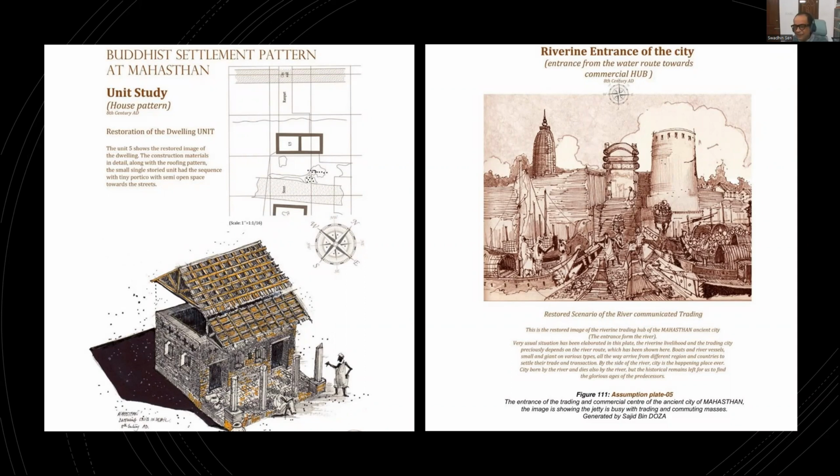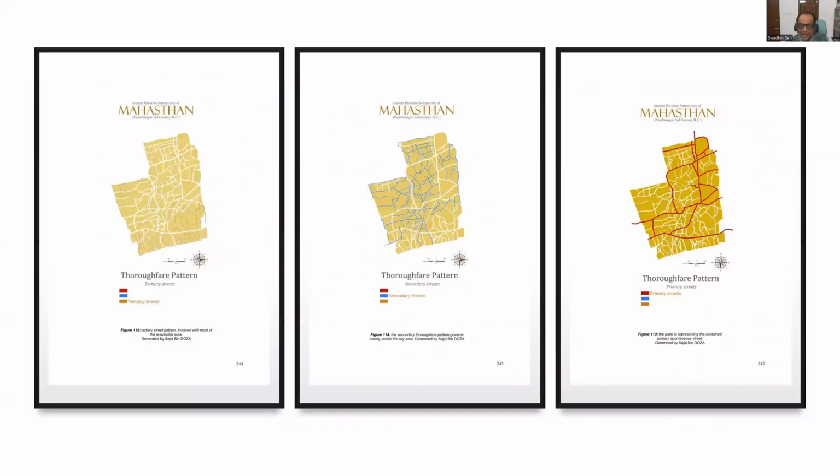And this is a reconstruction of the right side, the gateway, beside the Karatwa river. And it has been mentioned that these are all assumption plates. And this is his assumption on the basis of some kind of analysis, spatial analysis of different kinds of streets within the fortified or walled area.